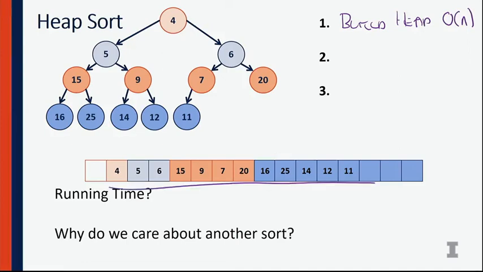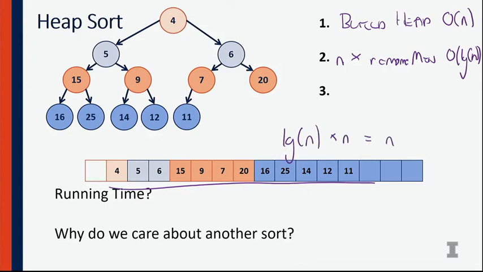The next thing we need to do to actually get at a sorted list in our heap sort is to make n calls of remove min. So once we've built the heap in O(n) time, we can call remove min for O(log n) time each time. So what this means is we have an O(log n) operation n times for an O(n log n) runtime.